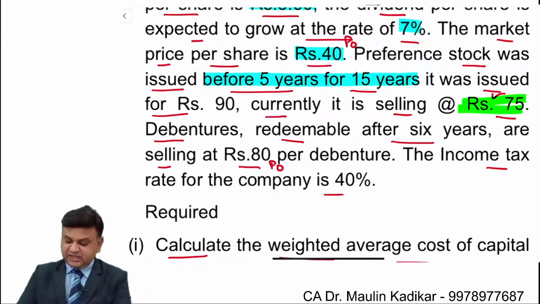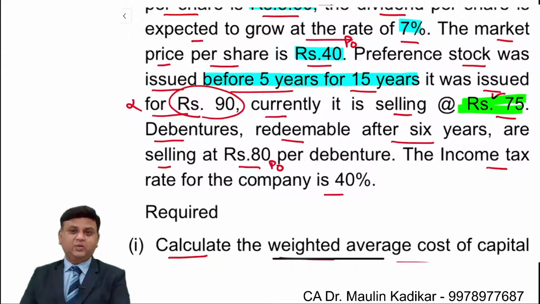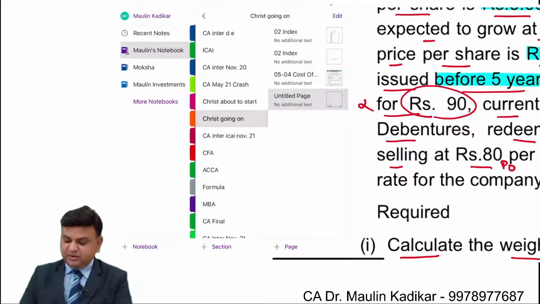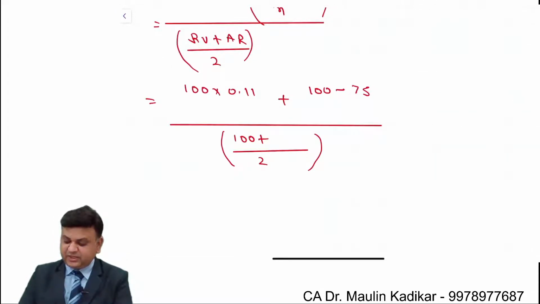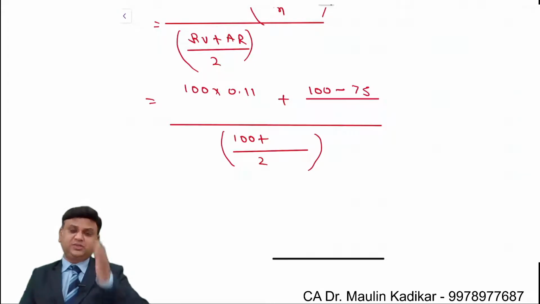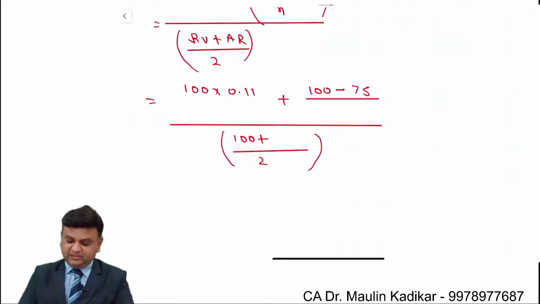The information provided regarding this 90 rupees is useless. Why? Because it was the historical price at which it was issued. So as far as the amount received is concerned, we will take 75, because we want to know what would be the cost if we issue such a security today in the market.